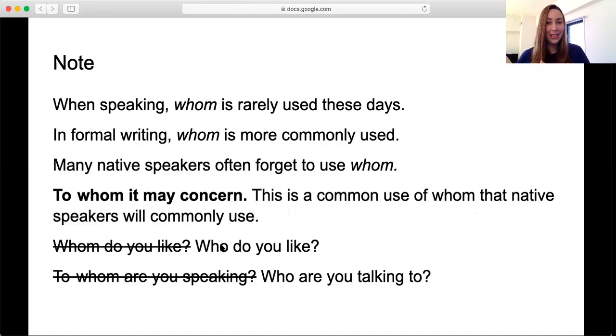So this is a correct use of the word whom. However, when native speakers have to think, oh, when do we use whom? We often don't use it, right? A lot of native speakers, I think especially younger people, don't know when to use whom, okay? So just so you guys know.